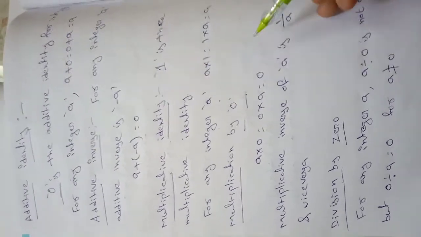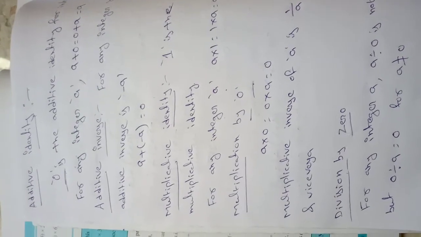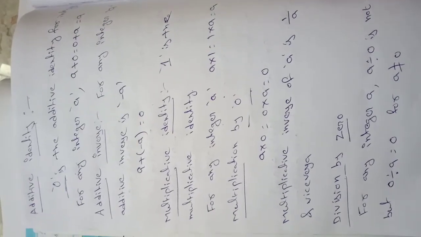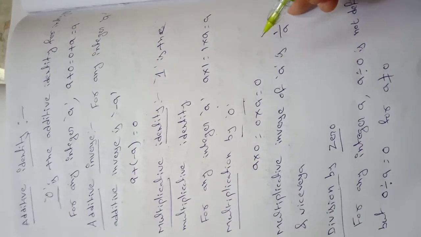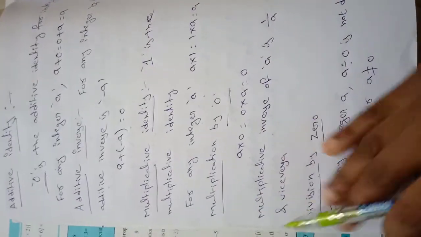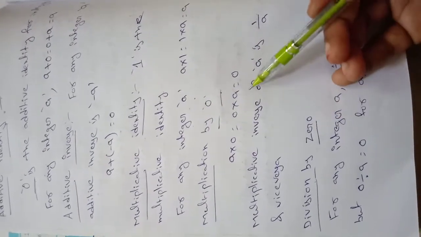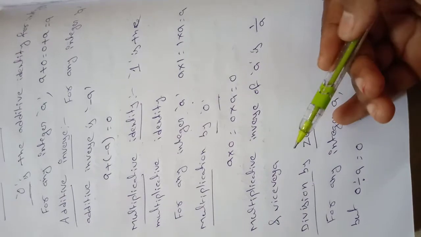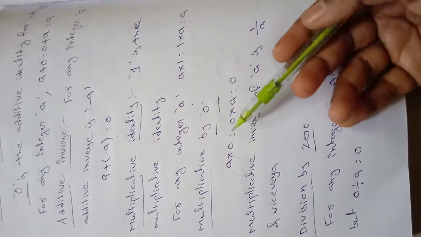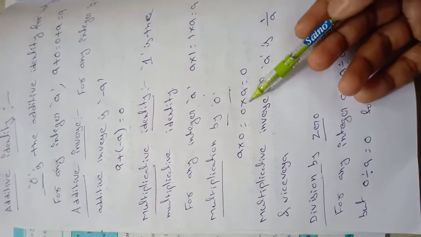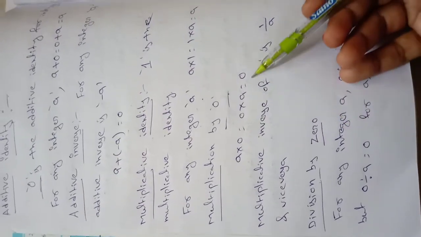Okay, so 5 into 1 is 5, 1 into 5 is 5, 10 into 1 is 10, 1 into 10 is 10. So that's why 1 is the multiplicative identity. Yes, so multiplication by 0. We already know that any number multiplied with 0 gives 0. Whatever it is, a or 5 or 6, any number multiplied with 0 gives 0 only.